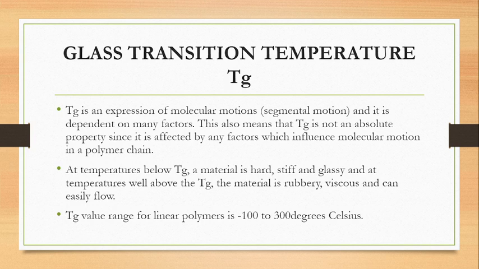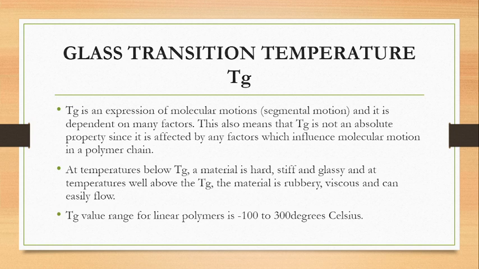Now, there's some kind of property that will always affect the transition, or is always going to define Tg. I said for Tg to be defined, there must be molecular motions. There must be segmental motion.